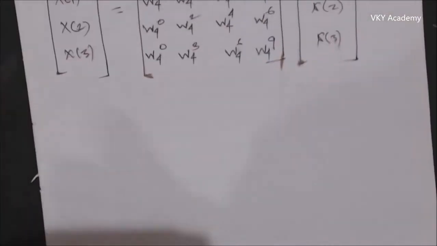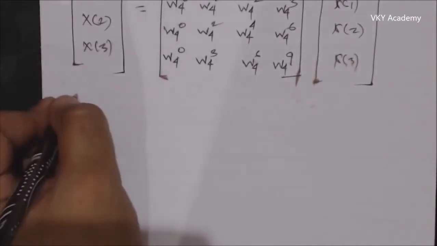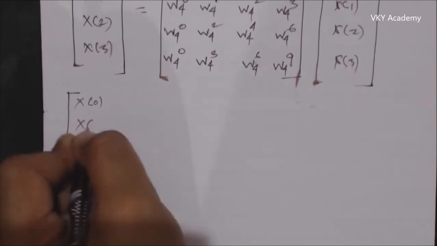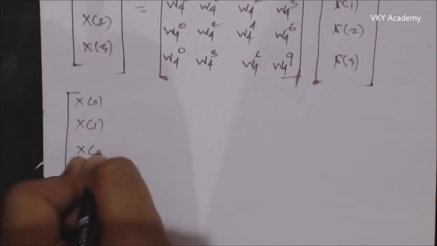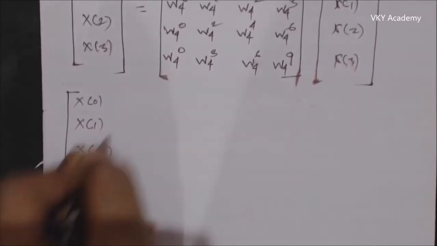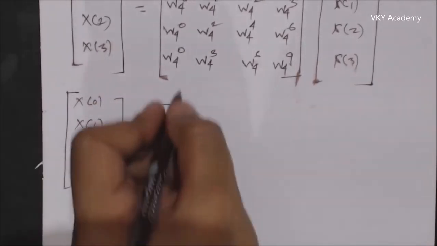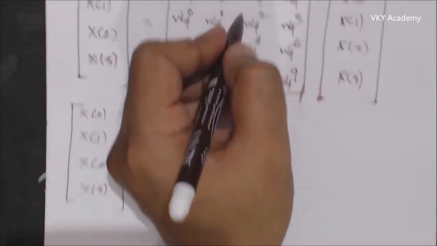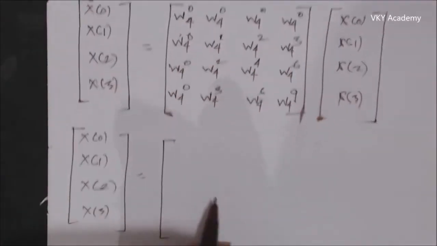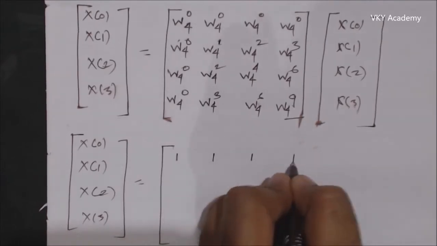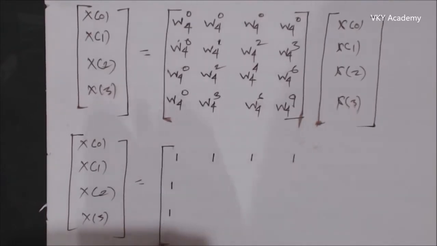Let us further simplify this particular matrix and we get capital X of 0, capital X of 1, capital X of 2, capital X of 3 is equal to, as W4 to the power 0, anything to the power 0 is always equal to 1. So we can write here 1, 1, 1, 1, 1, 1, 1.